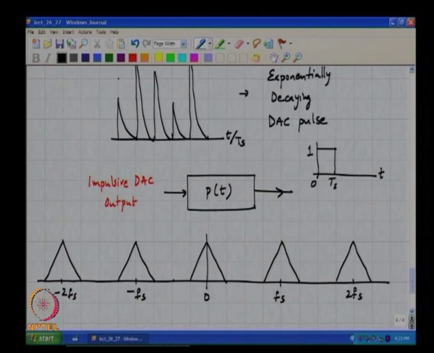So, if you want to find the spectrum of the DAC whose pulse shape is an NRZ pulse, then you take this spectrum and multiply it by sinc square, and in the log scale you will have basically nulls.